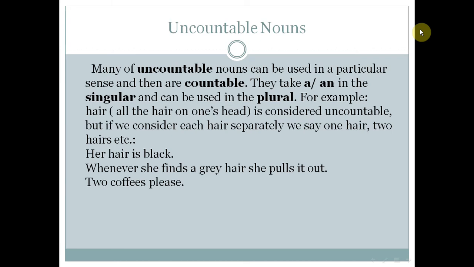But if we consider each hair separately, we say one hair, two hairs, etc. Examples, hair is black. Whenever she finds a gray hair, she pulls it out. We say also 2 coffees please, and 1 tea.